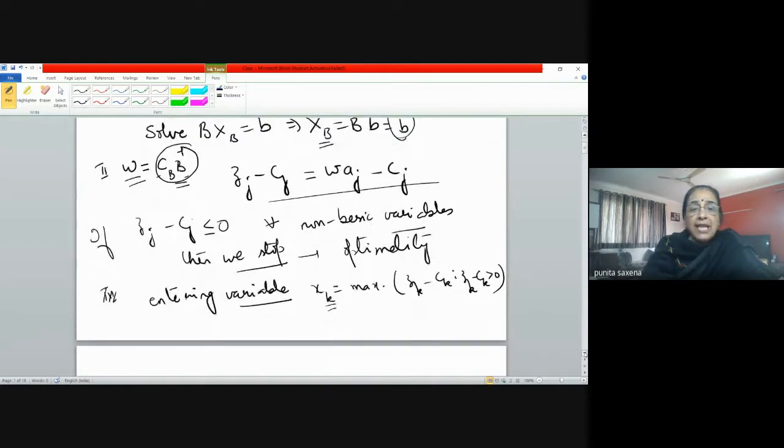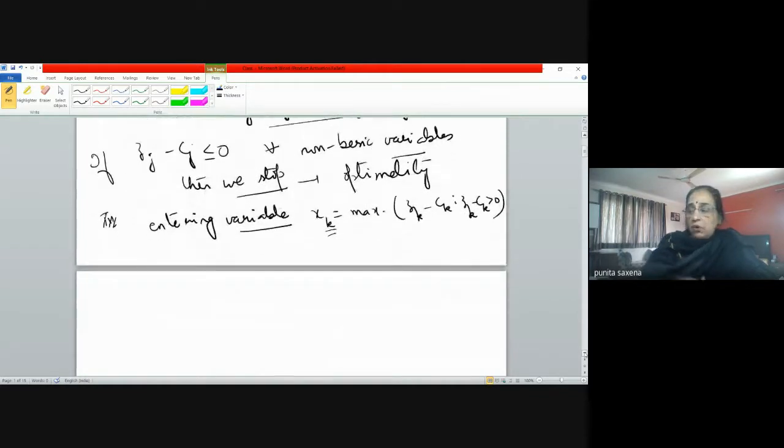Now, once you have decided upon the entering variable, one variable from the basis has to leave the basis also. So what do we do as the next step? The next step is that we choose our leaving variable.